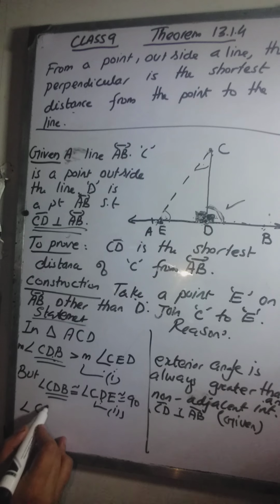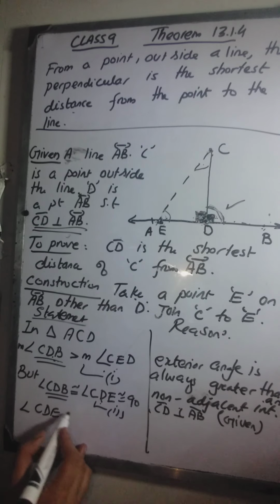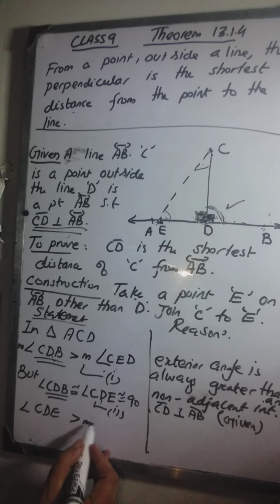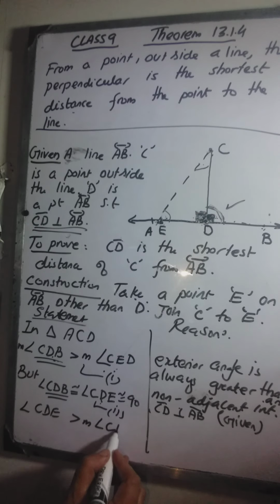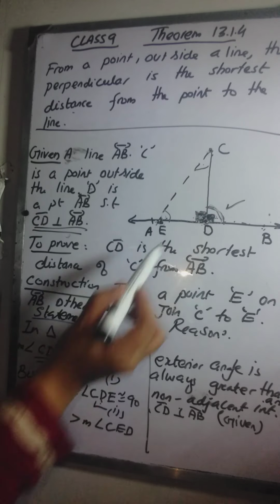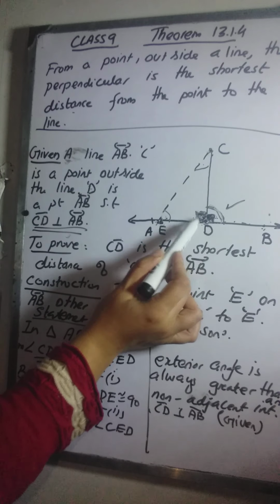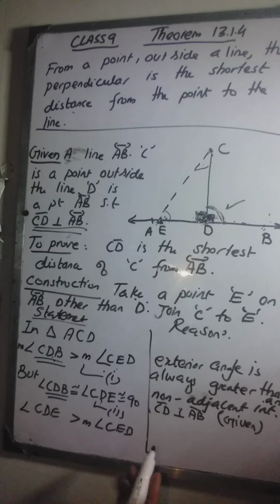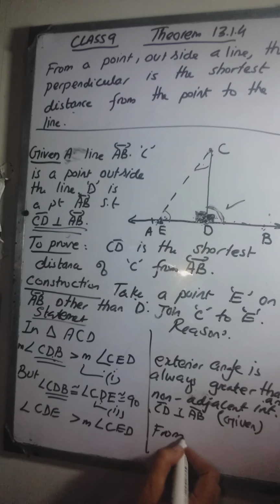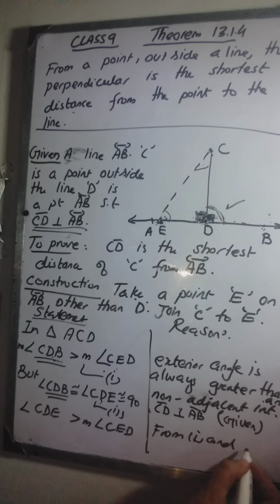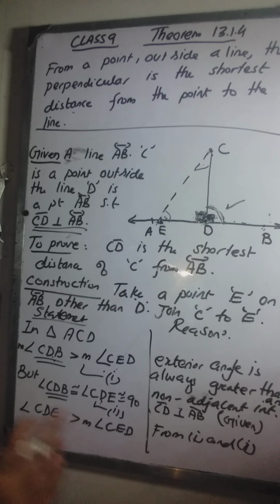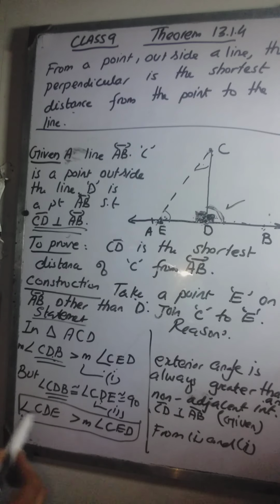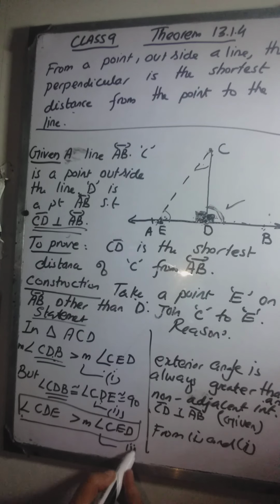CDE will be greater than angle CED. Okay, this angle at the point D will be greater than the angle at the point E. Now this is from 1 and 2. Okay, so up to now we have obtained this. Name this as equation 3.